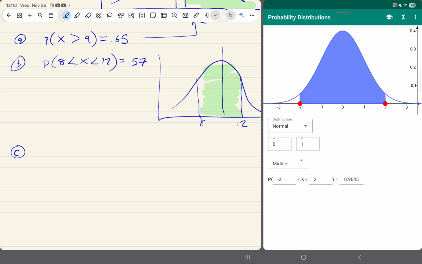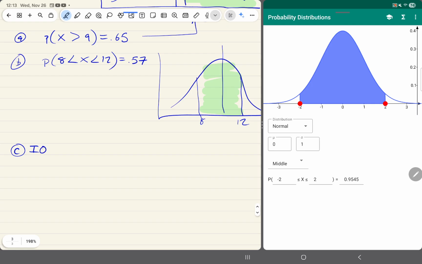So again, to calculate that interquartile range, IQR equals the score, in this case the number of hours, the score at the 75th percentile, minus the score, the number of hours, in this case, again, at the 25th percentile. And we need to figure out then that 75th and that 25th percentile.